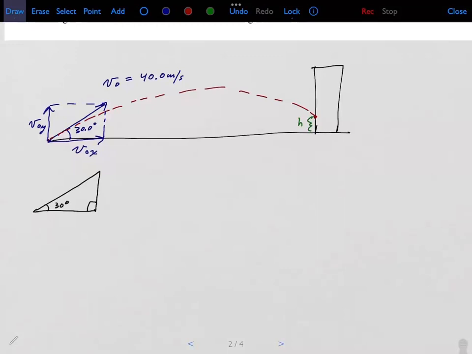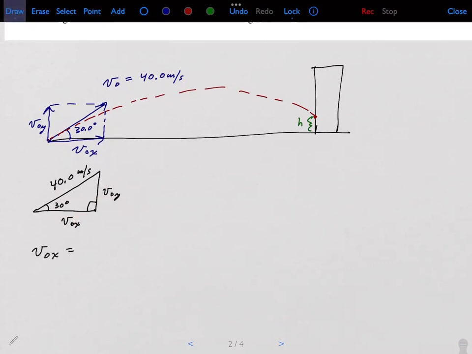I know the hypotenuse, the magnitude of the velocity, is 40. And I'm looking for v naught x and v naught y. Since the x component is adjacent, that's going to involve cosine, and the y component will involve sine. They're both going to be positive in this case.